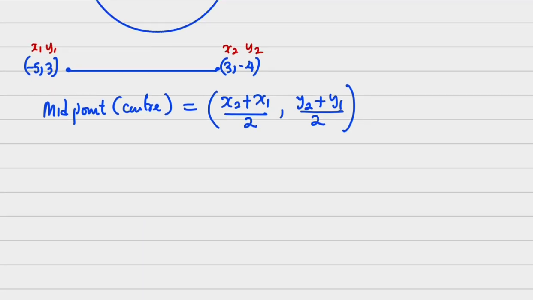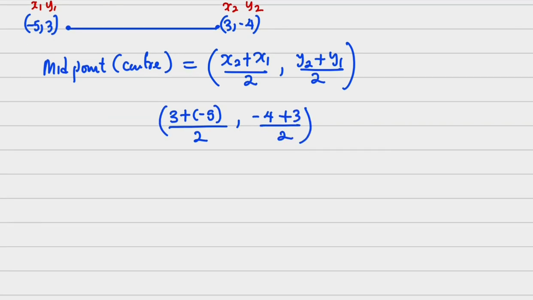So once I have that, then I'm going to say, okay, the midpoint now will be 3 plus minus 5 divided by 2, comma, then I have minus 4 plus 3 divided by 2. Now, this will give me minus 2 over 2, comma, then here I'm going to have minus 1 by 2.